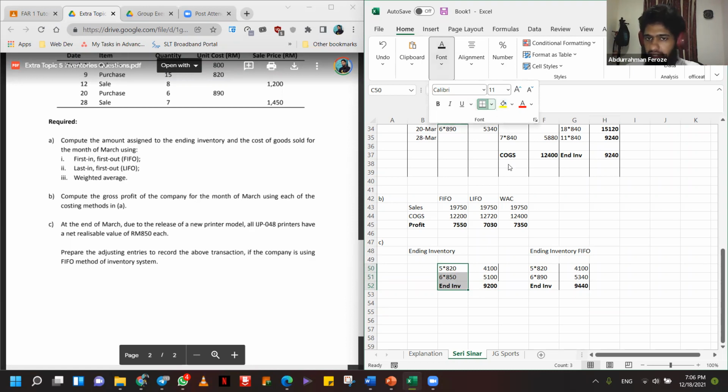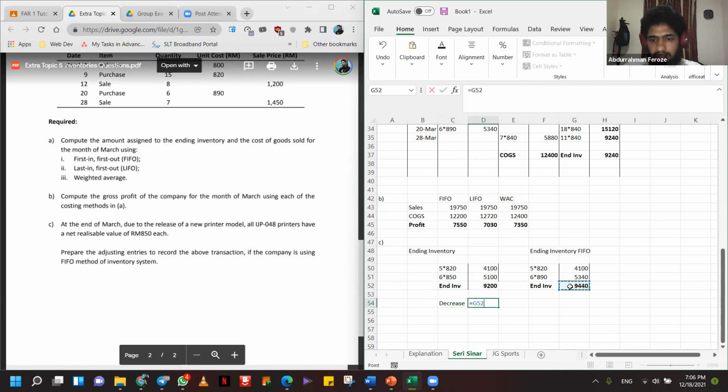So there's a decrease of 240, which equals the original FIFO inventory minus that.